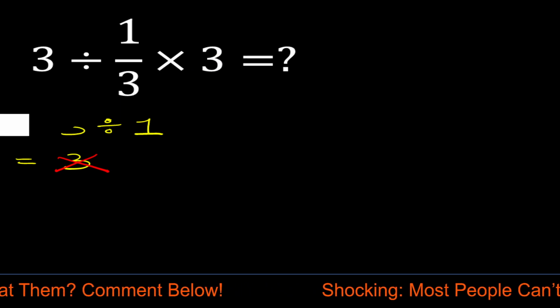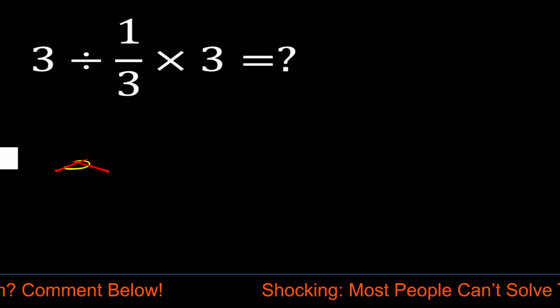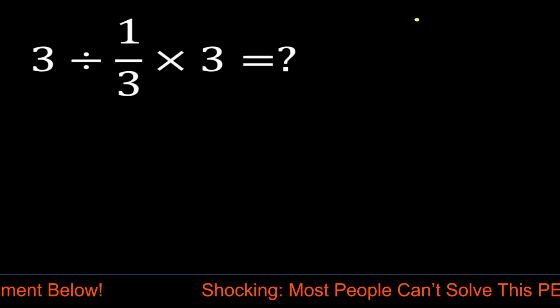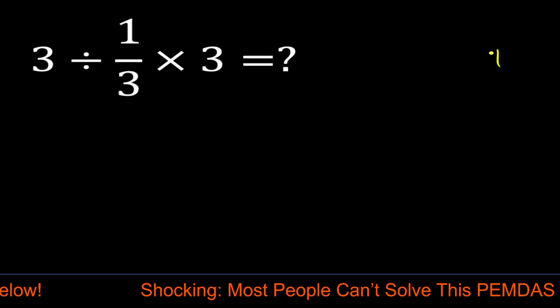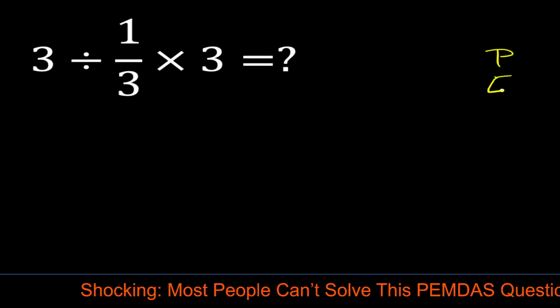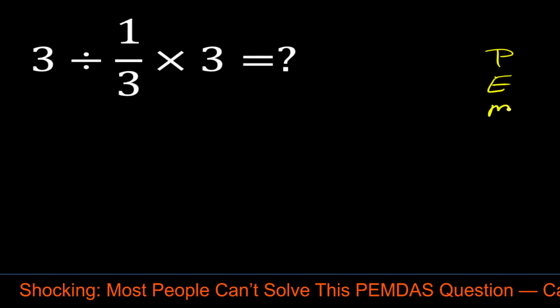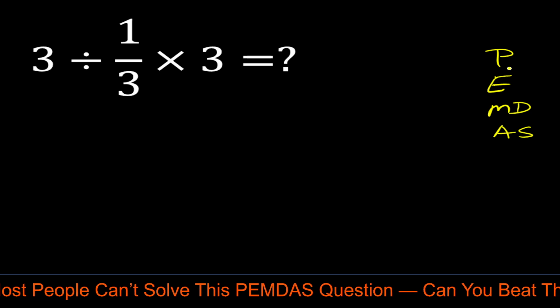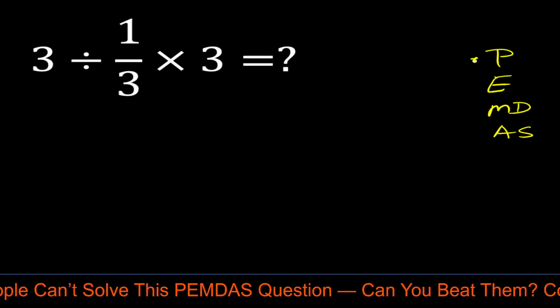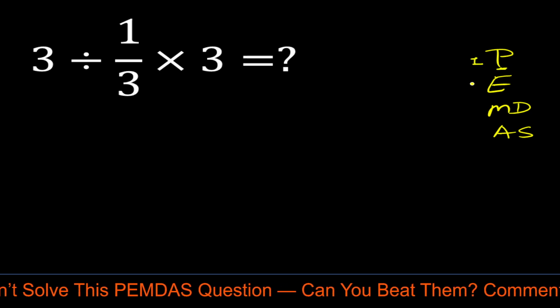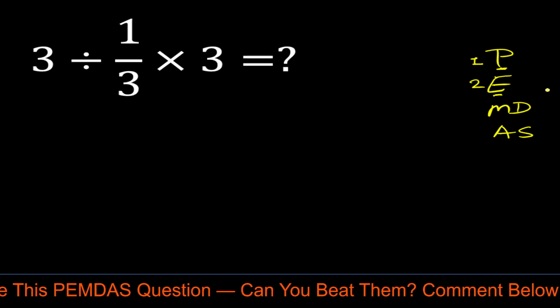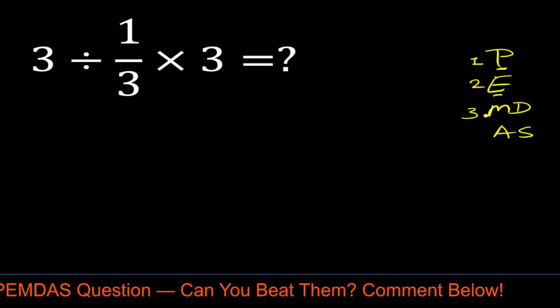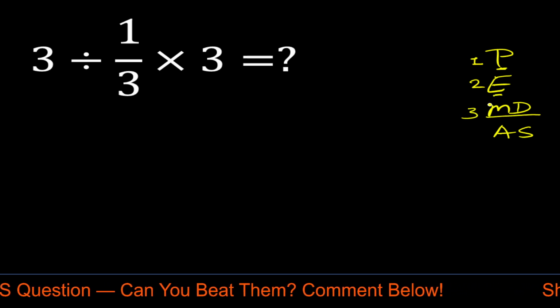So now let's solve this problem correctly by using a PEMDAS rule, right? PEMDAS. According to PEMDAS rule, first priority is parentheses, then second priority is exponents, then third priority is multiplication and division.